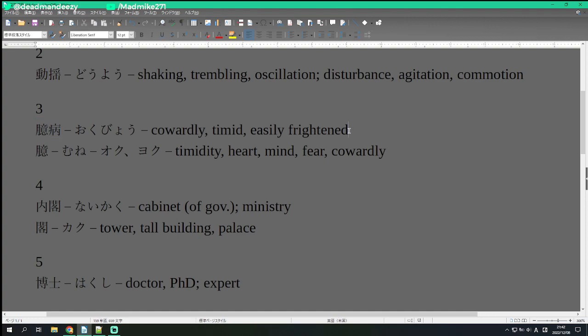Okubyo is cowardly, timidity, or frightened. Okubyo is cowardly, timid, or easily frightened. Okubyo, our na adjective. Okubyo na hito.